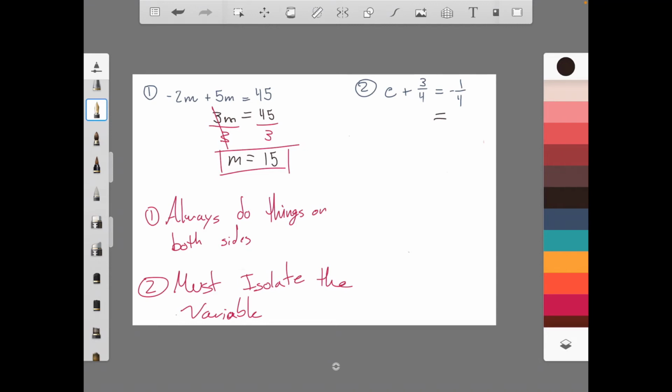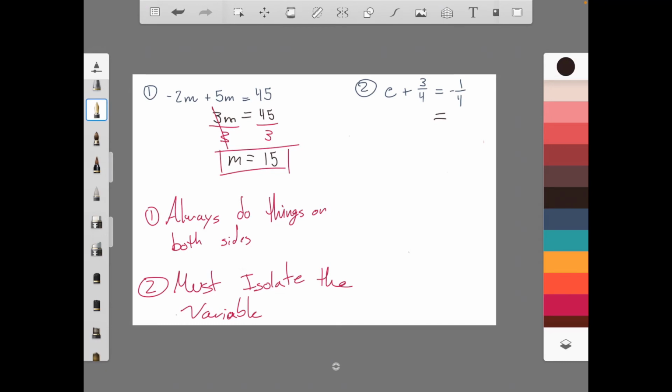Oh, also I forgot to mention, the second most important thing you have to remember is that you must isolate the variable. That is very important. That must be your number one priority when you have linear equations that involve variables. If they don't involve variables, they're pretty easy. You just add or divide or multiply, whatever the problem tells you to do.